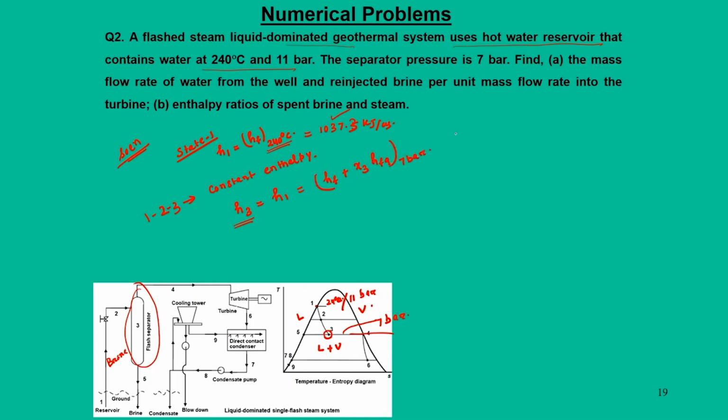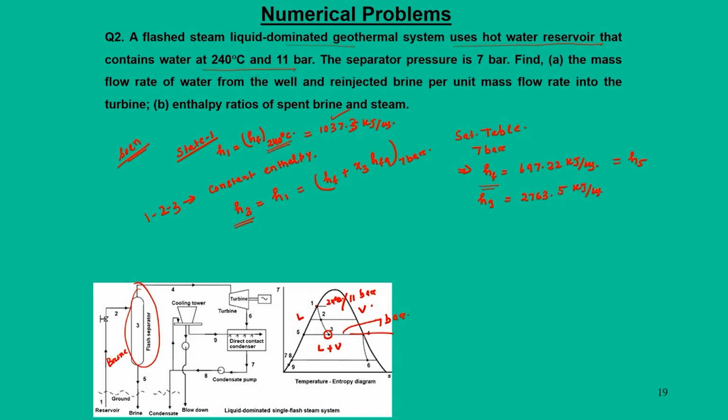So, from this saturated table at 7 bar, HF is equal to 697.22 kilojoule per kg, and this HF is nothing but, in this figure, your H5, and Hg is equal to 2763.5 kilojoule per kg.